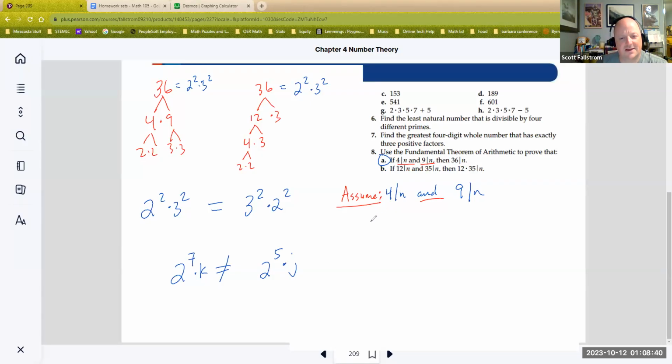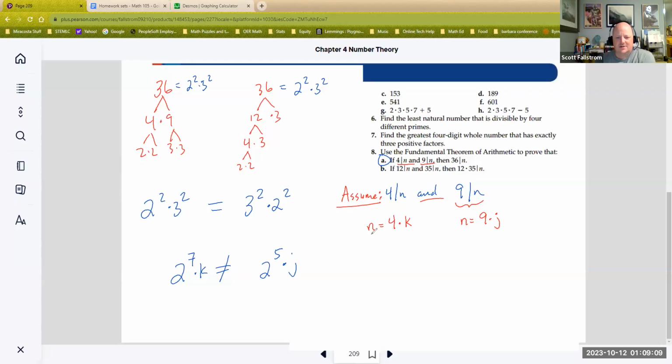Now 4 divides n, that means that n must be equal to 4 times some number, and I'm going to call that number k. And I also know that 9 divides n, so n is equal to 9 times some number, again some unique whole number.